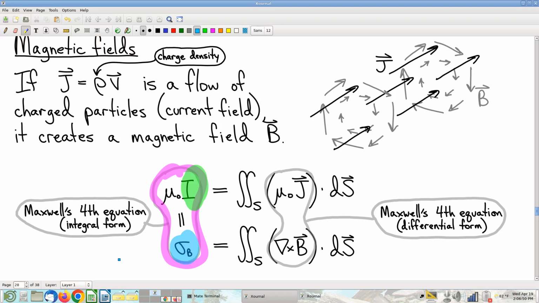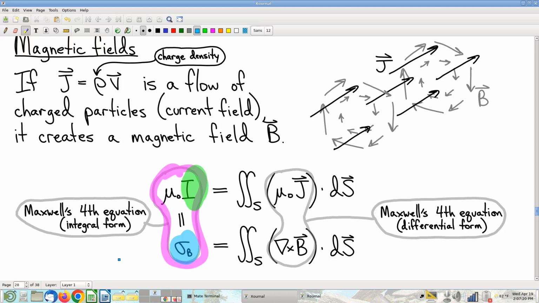Current says how many of your charged particles are passing through a fixed surface per unit time. It's the total flow rate, if you will, of charged particles. Magnetic circulation is exactly what it sounds like. It's circulation, so the vector line integral of the magnetic field around the boundary of that surface through which you're measuring current.